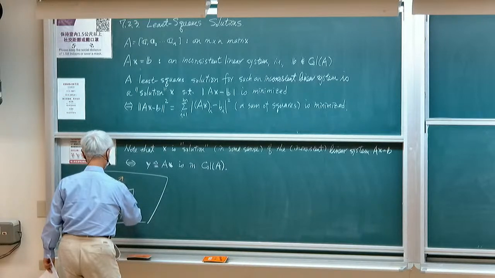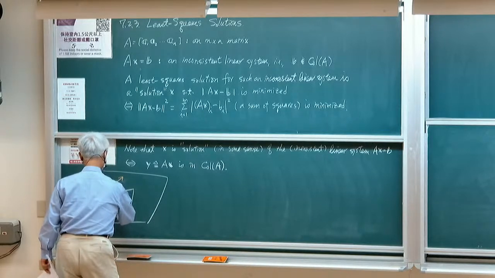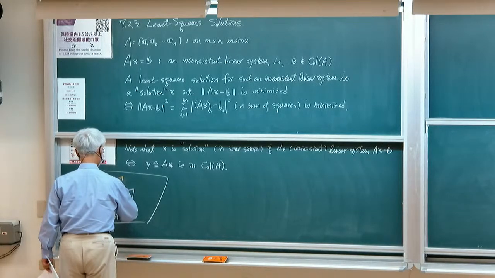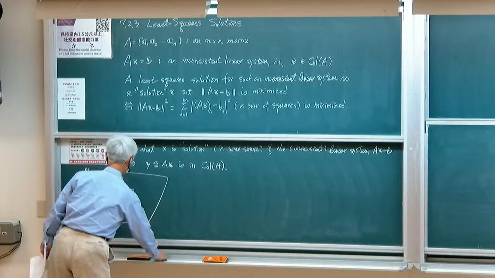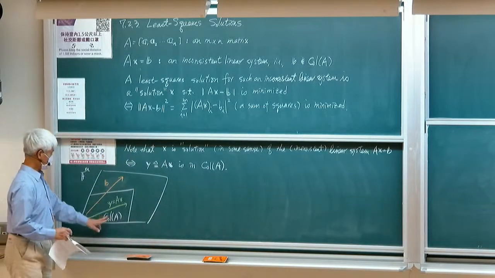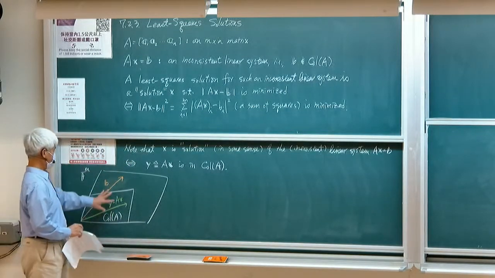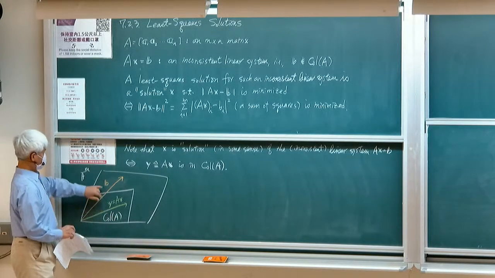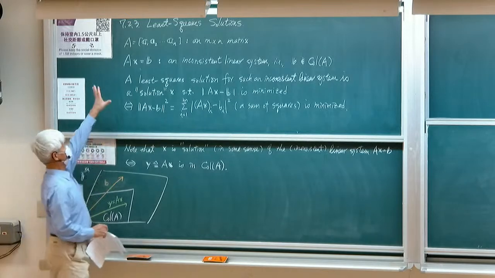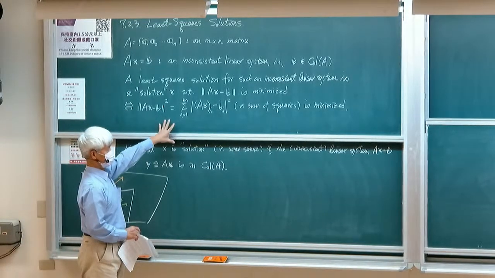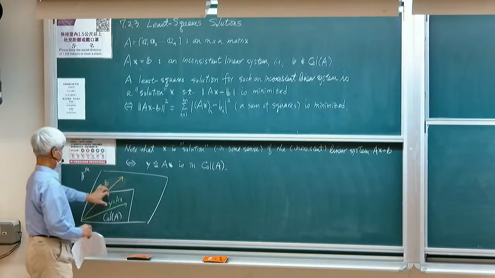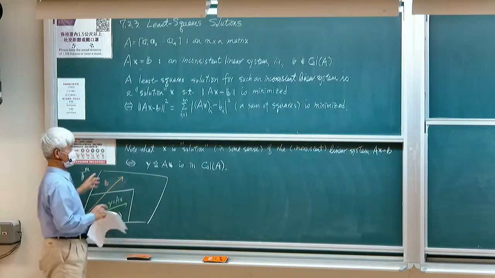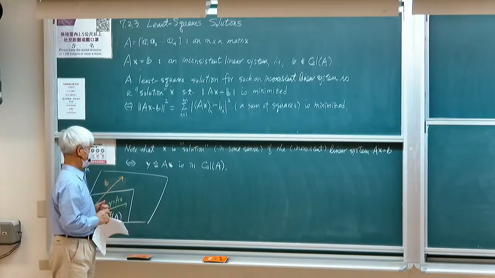This Y is actually A times X. So we try to find a Y in this column space such that Y is close to B. In the least square solutions, we measure the closeness by the distance in the m-dimensional Euclidean space.